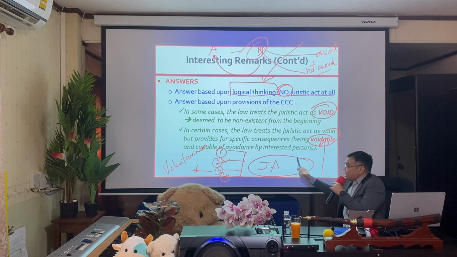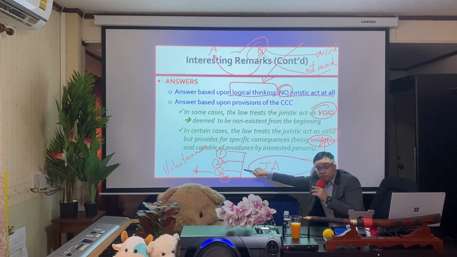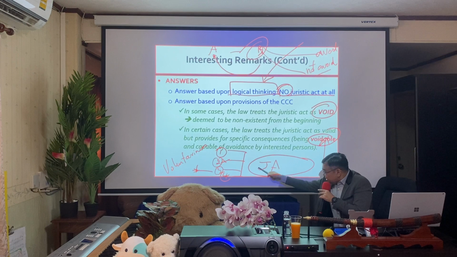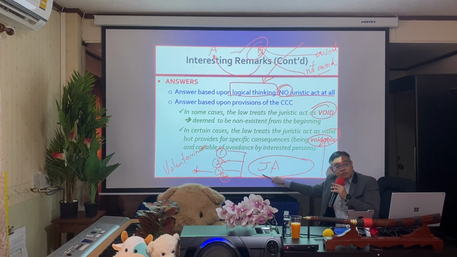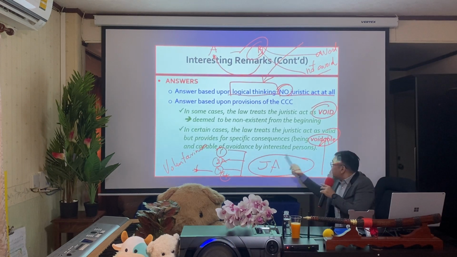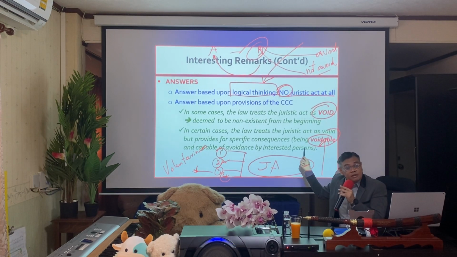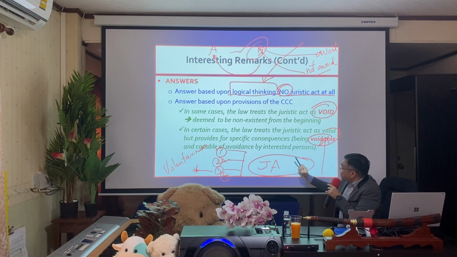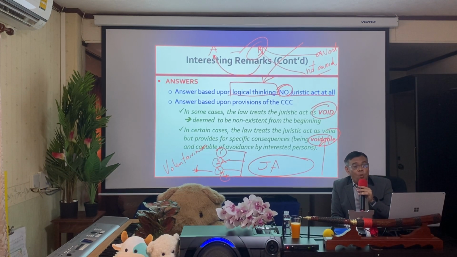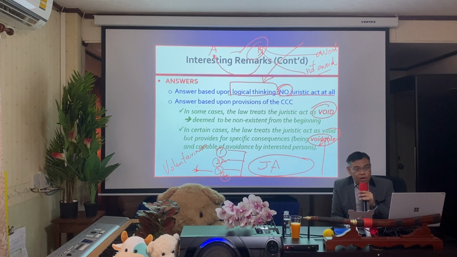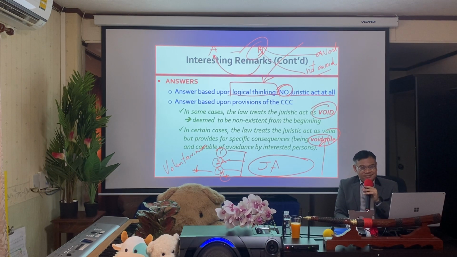So we can see that even though the element number 3 is missing, we still have a juristic act, because the law says that this juristic act is just voidable. It remains valid until it is avoided. If B does not want to avoid the contract, it will just remain valid.